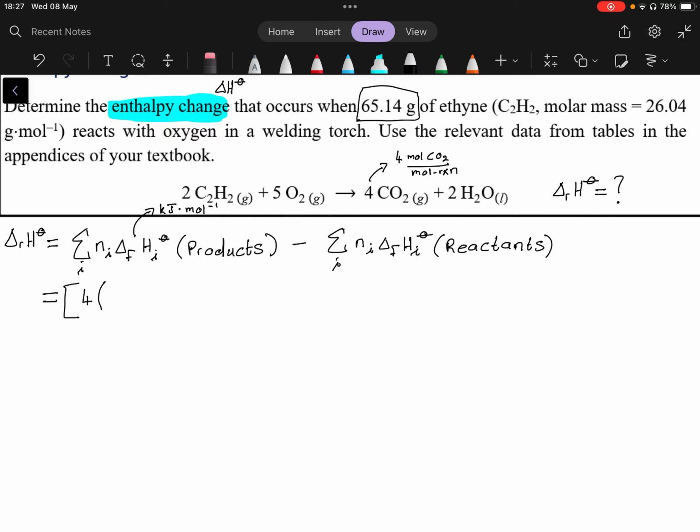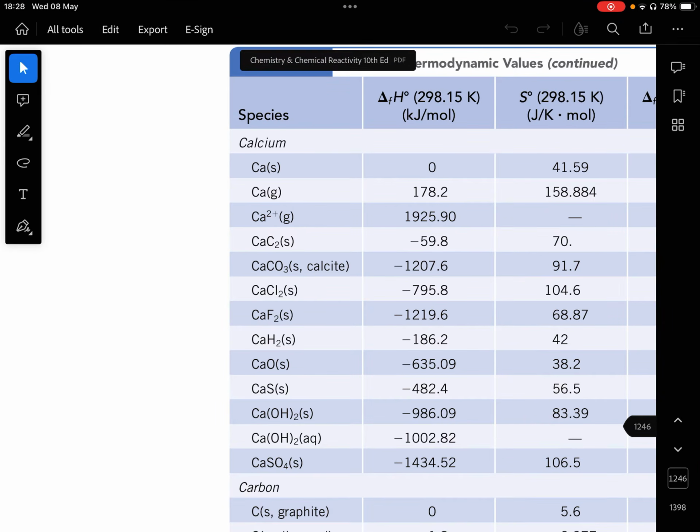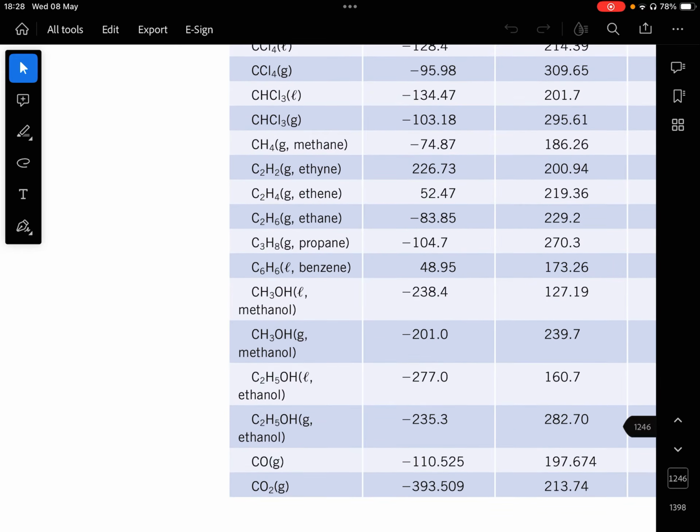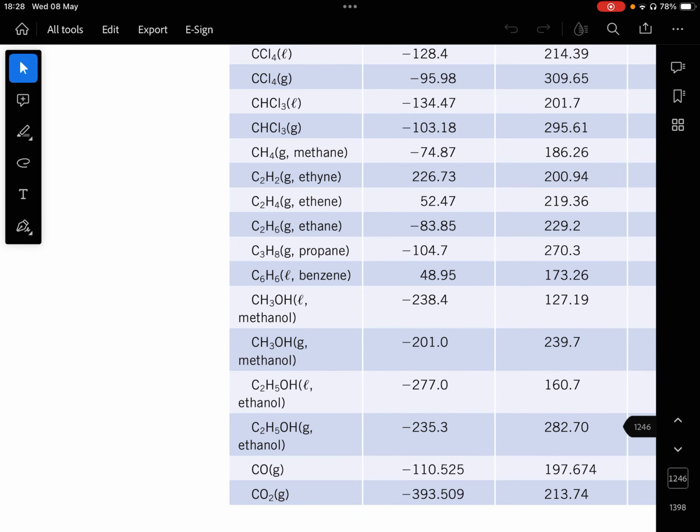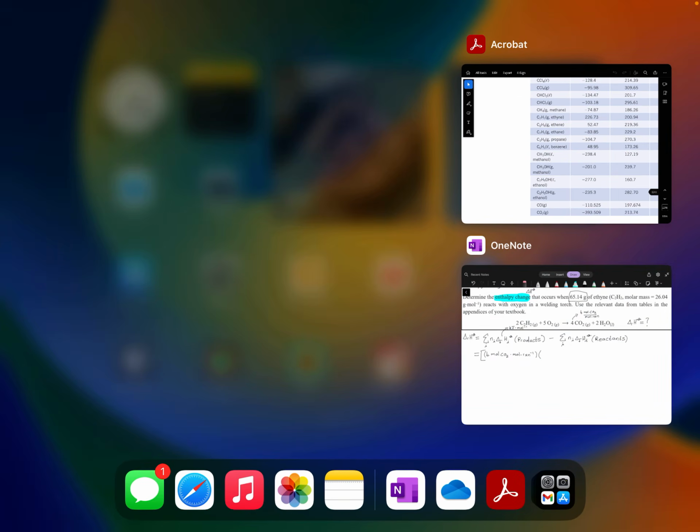So technically what stands here is, let me put the bracket here, 4 mole CO2 per mole reaction, multiplied by the enthalpy change for CO2, the formation enthalpy, and we just saw that it is minus 393.5.